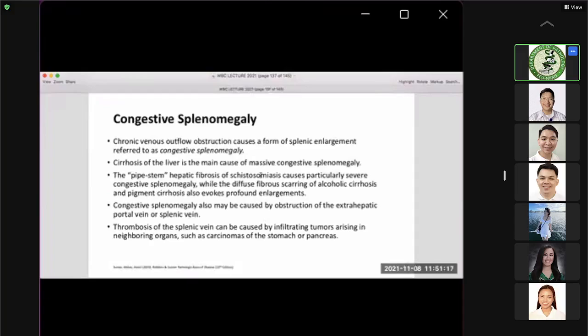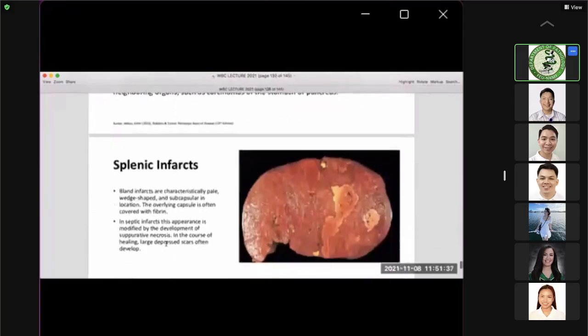So you get to see that as well. Congestive splenomegaly also may be caused by obstruction of the extrahepatic portal vein or splenic vein, and by thrombosis, or by infiltrating tumors arising in other organs, leading to that.